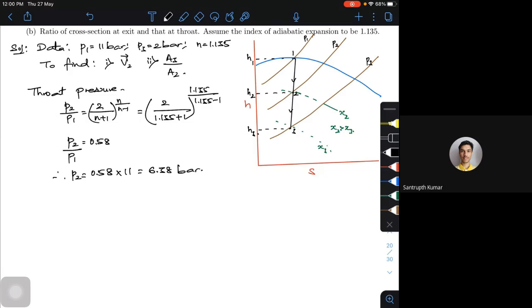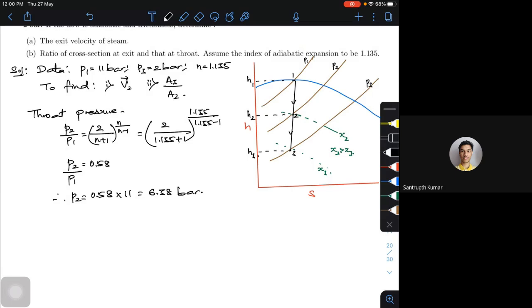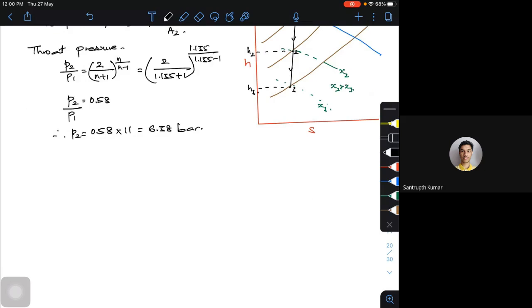Okay. So now what is the enthalpy drop actually between H1 and H2? I should be able to get it. Now H1, if you correspond to 11 bar at saturation condition, maybe from the Mollier diagram, you may get H1 as around 2780 kilojoules per kg.